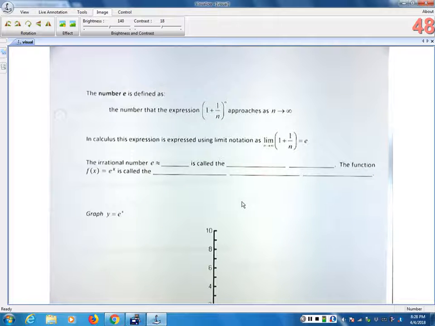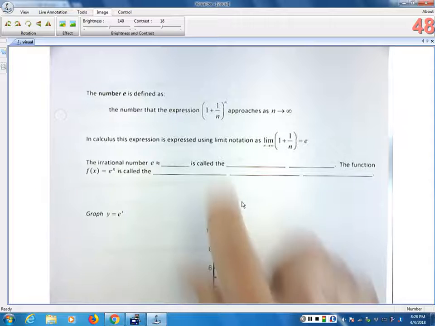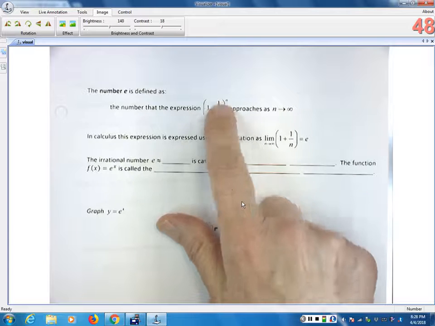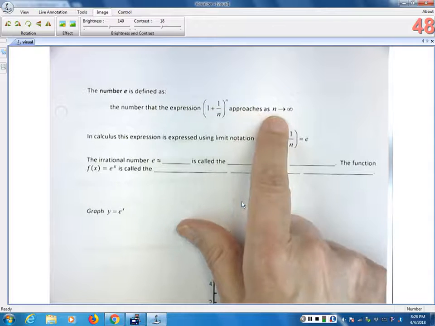All right. And then the last page of the notes. Here, we're almost done. The number e is defined as the number that the expression 1 plus 1 over n, all to the n power, approaches as n goes to infinity.